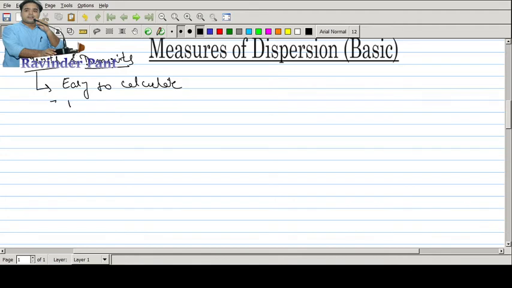Then it's better than range. Why? We know that range had some demerits. This quartile deviation is able to remove some demerits of the range, yet this quartile deviation also has some negative points, and that is why we need a better method of measuring the dispersion.